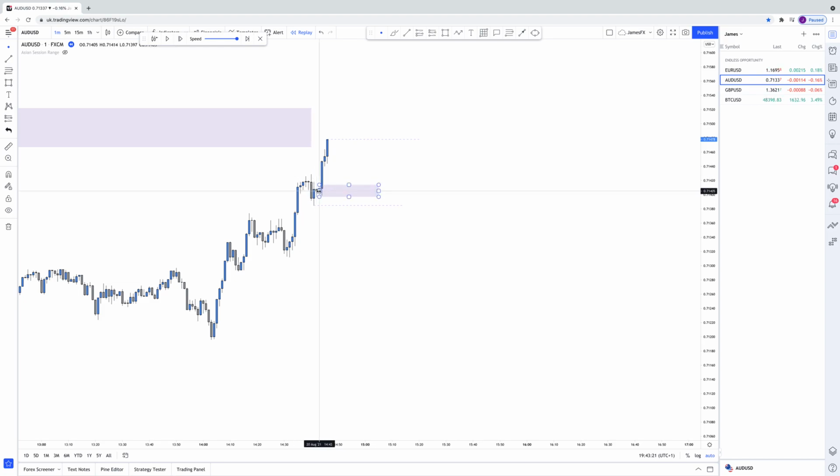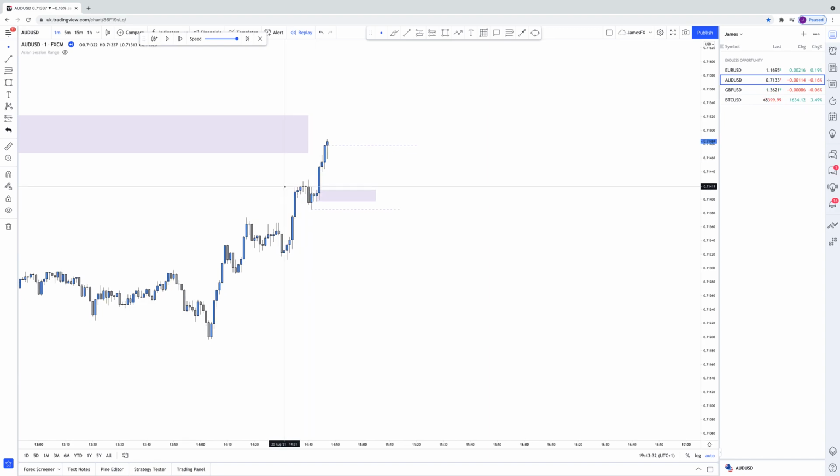You know, this is our consolidation demand, and really we want to be looking to see if this can be mitigated or violated. Okay, so we've tapped into the 15-minute OB.